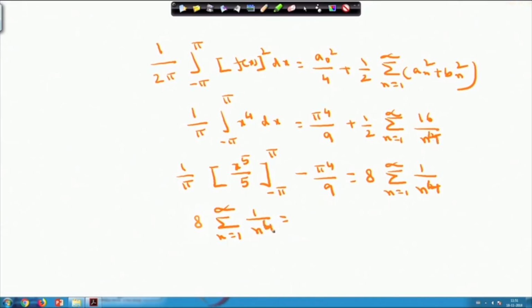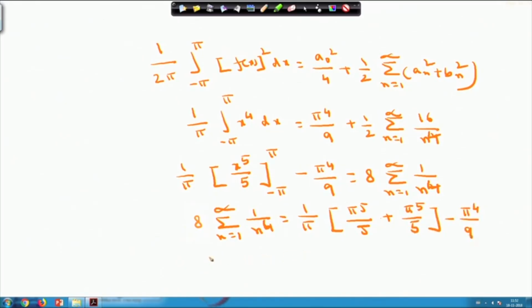So, this is also n to the power 4, this equals 1 by pi into pi to the power 5 by 5 plus pi to the power 5 by 5 minus pi to the power 4 by 9.